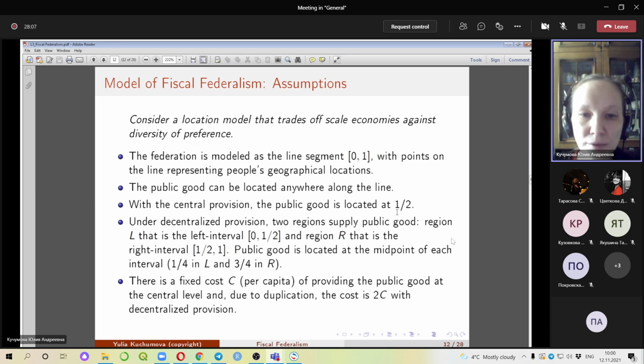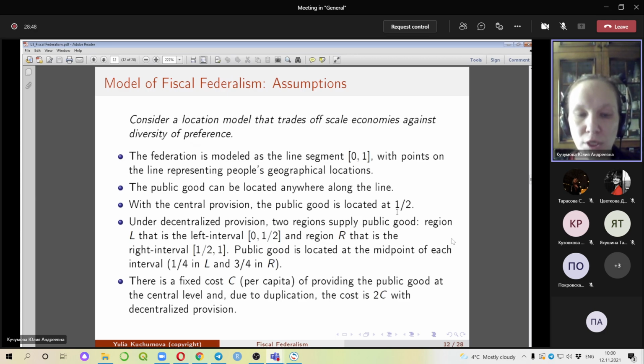Under decentralized provision with two governments, those two regions supply public good: region L, the left region, which is the interval from 0 to 1/2, and the right region, region R, the interval from 1/2 to 1. Each region provides its own public good, located at the midpoint of each interval.